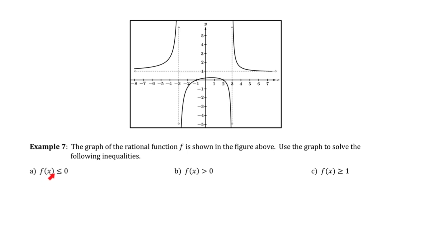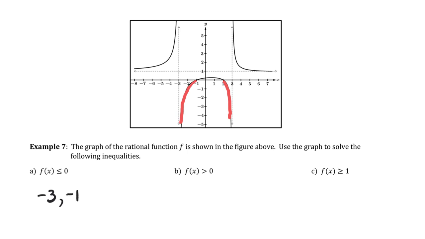So the first one, I'm looking for where is it negative. And I can see some negative, like all of this stuff here is negative, all of this stuff here is negative. So we got to figure out what is that interval. So it looks like it's going to get really close to -3, but it's not going to touch it, to -1.